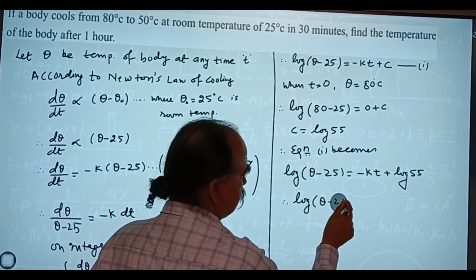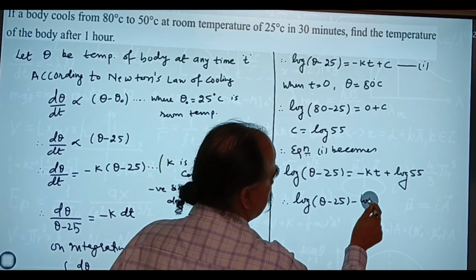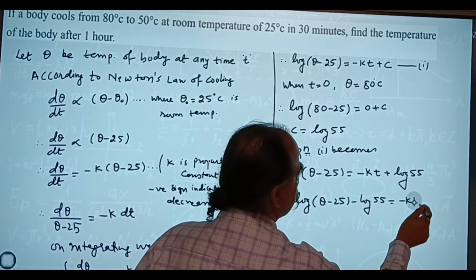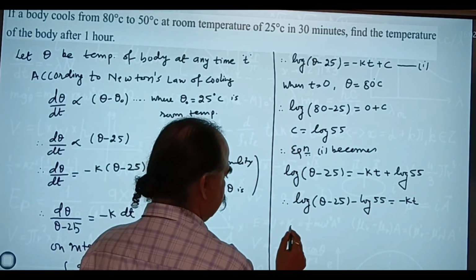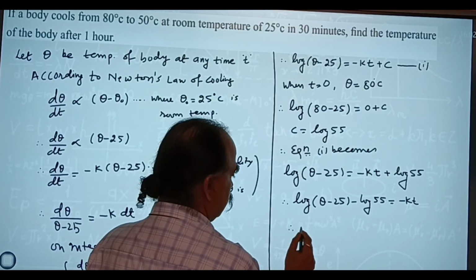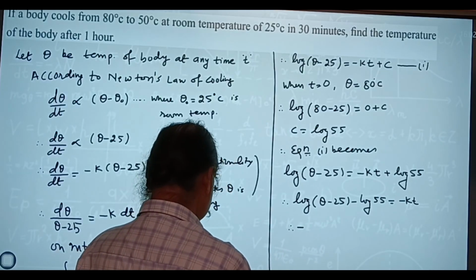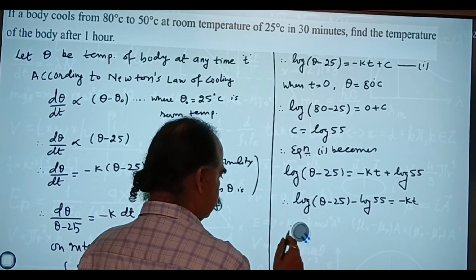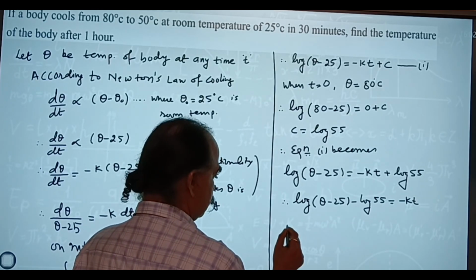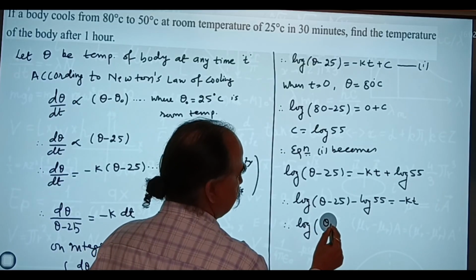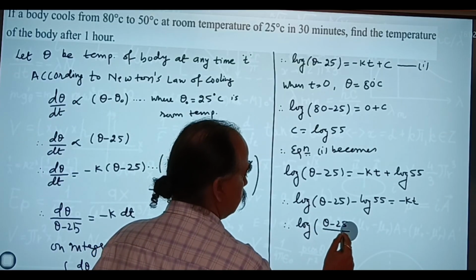Log (theta minus 25) minus log 55 is equal to minus kt, so log of (theta minus 25) upon 55 is equal to minus kt. Equation 2.